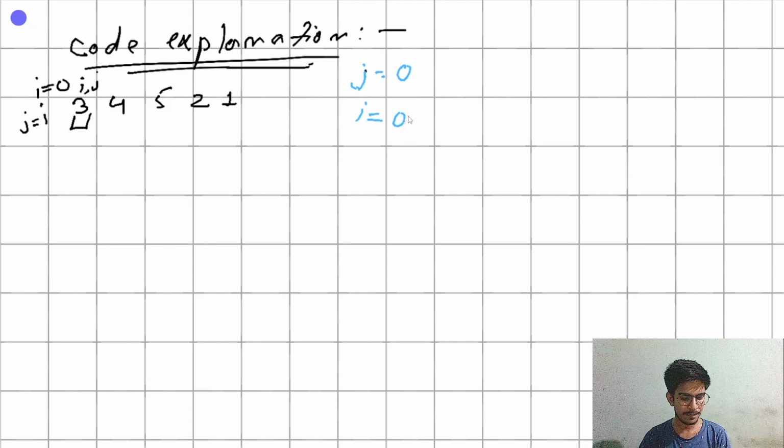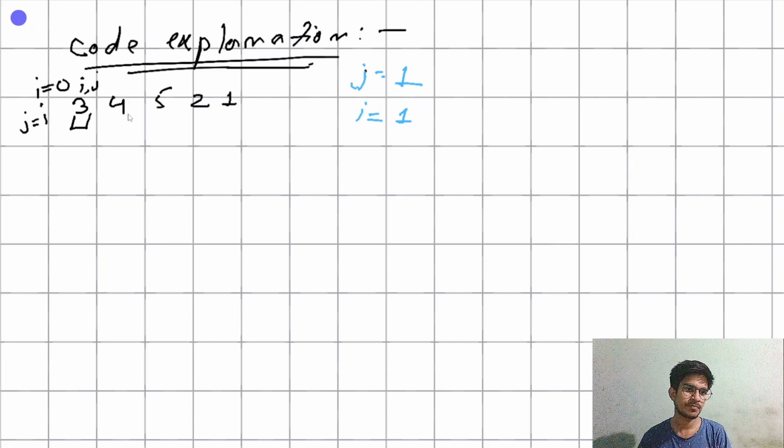Let's increment i to 1. So now j should also be 1.